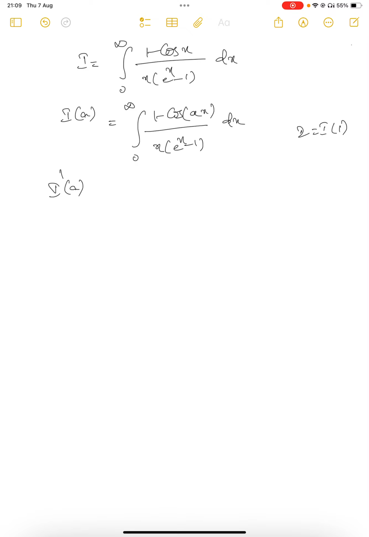That means dou I by dou a will be integral 0 to infinity. 1 will be 0, cos of ax will be minus of minus sine of ax; minus minus will get cancelled, then it will be sine of ax, because we are differentiating with respect to a, so x will be constant. Then x by x into (e power x minus 1).